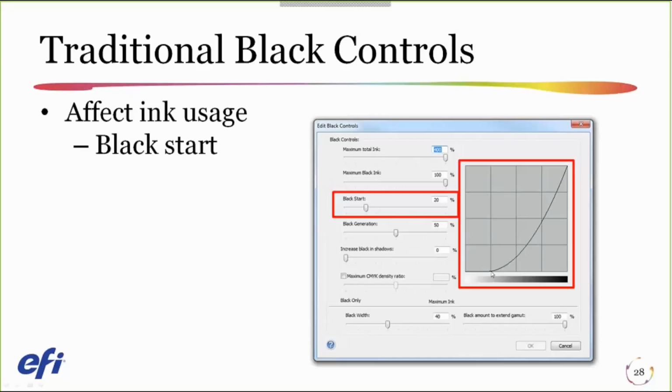Now I said you're going to want to start black much later if you have only normal black ink, because you don't want those little black dots in your highlights. But what if you're printing billboards or huge banners that are going to be on the sides of buildings? Nobody's going to see that little dot of ink in your highlight.